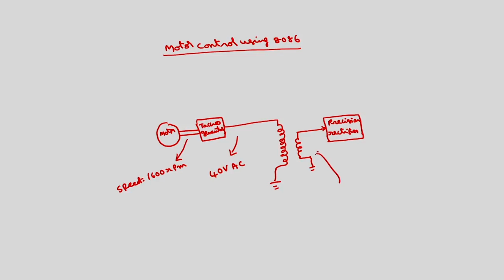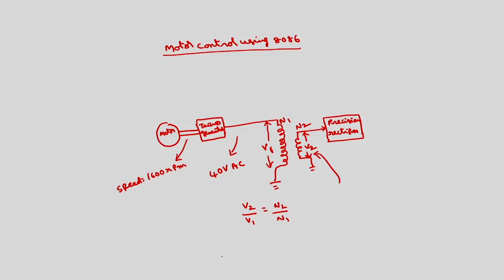Here the voltage depends upon the number of turns. If I call this primary voltage V1, which is 40 volts in this case, and this V2, and the number of turns here are N1 and here N2, then V2 by V1 is equal to N2 by N1.